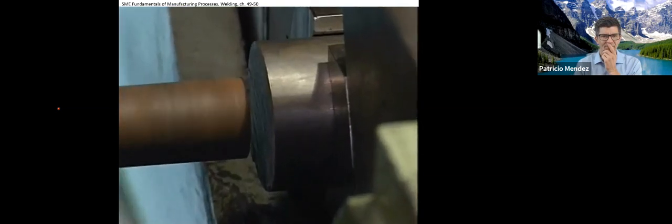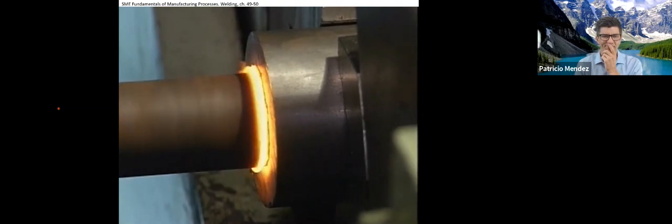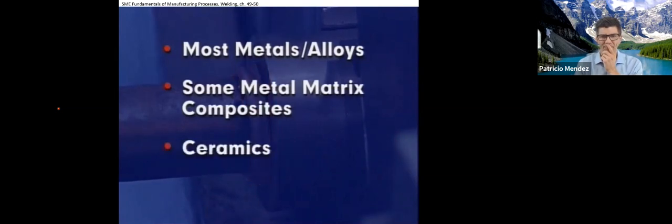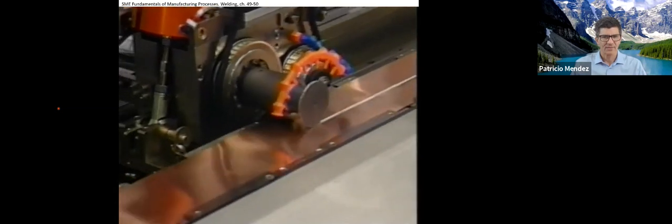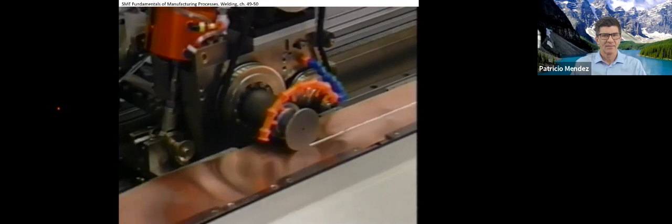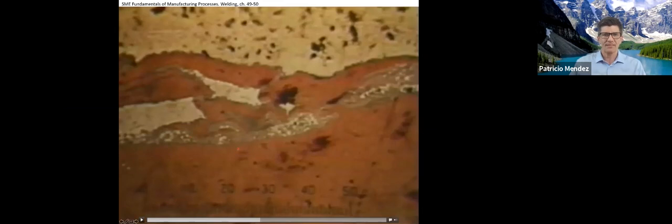Additionally, friction welding can be used to join a wide range of similar and dissimilar materials, including most metals and alloys, some metal matrix composites, ceramics, and plastics. Ultrasonic welding is a method of producing lap joints by high-frequency vibratory energy and moderate force. This induces interatomic attraction.